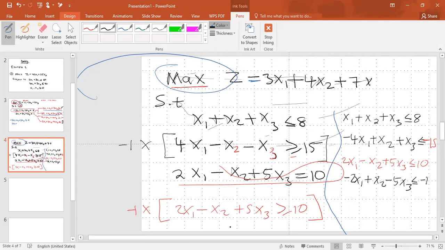Initially I wanted to write it down, then convert it to less than so that all constraints have less than. Are you following, or are we on the same page?